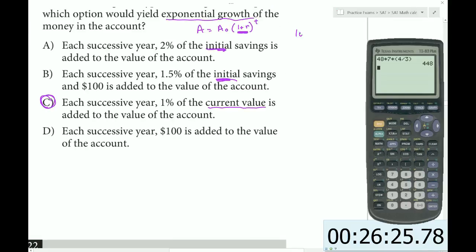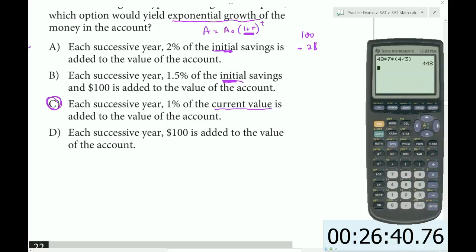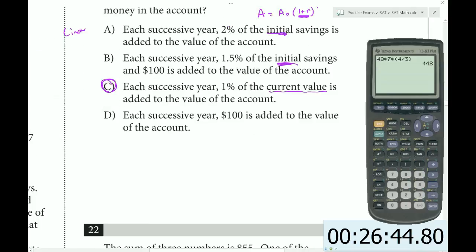So if the initial was 100 and you're taking 2% of that, that is basically $2, okay? So that number is fixed, so you may as well be adding just $2 each time, you see. But we want the amount that we add each time to increase over time. So the answer choice C is the only one that does that.